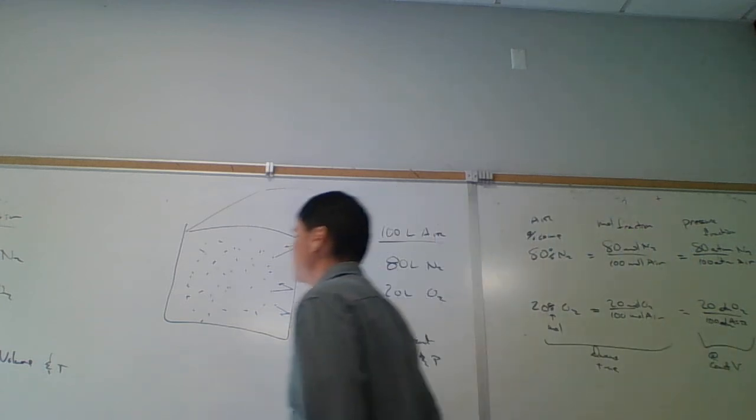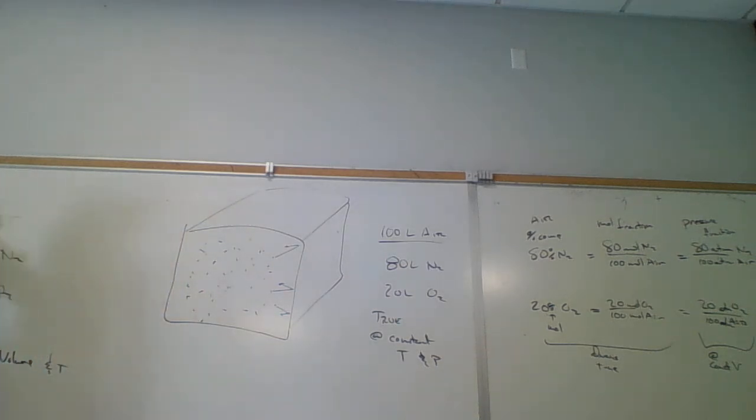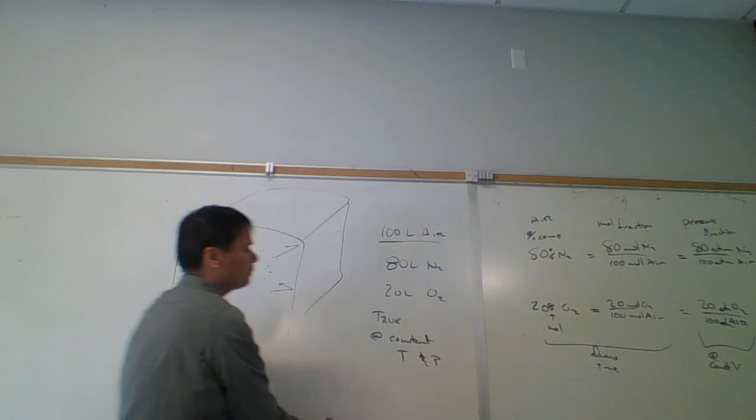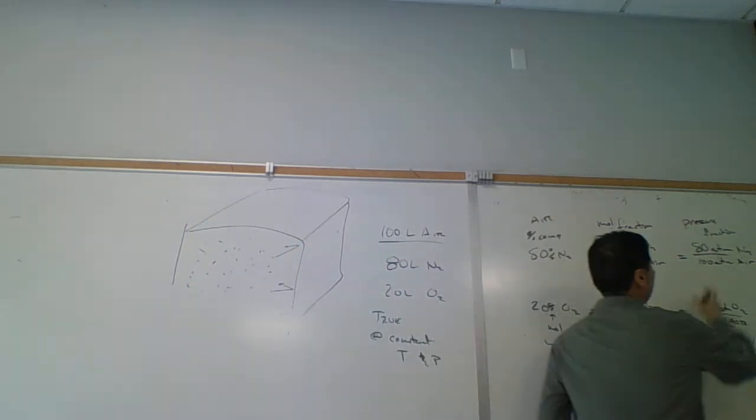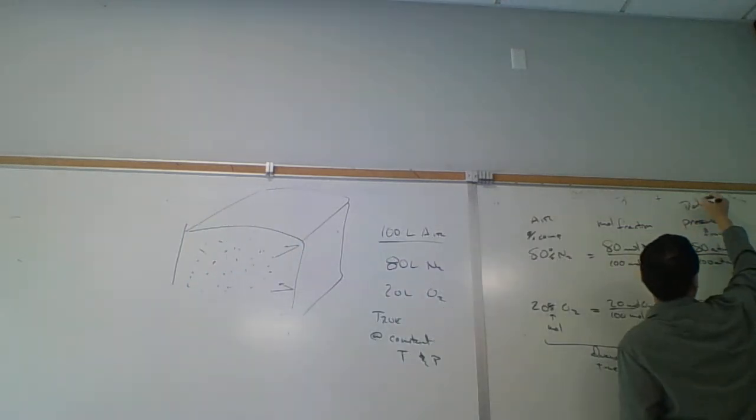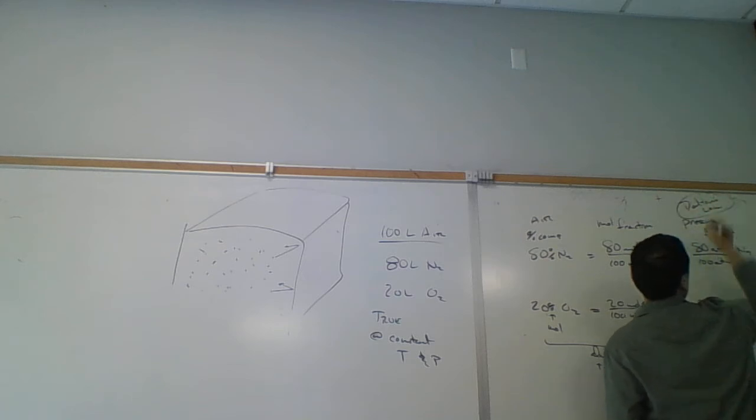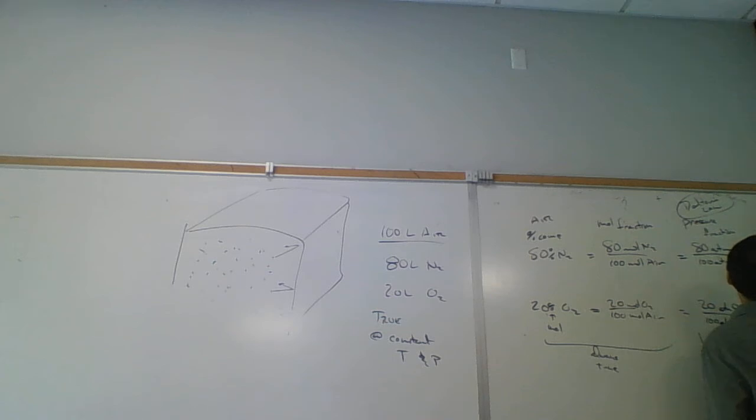It has to be one or the other. This is typically the way we visualize air. When we visualize it as a pressure fraction, this is called Dalton's law. When we visualize it in terms of a mole fraction, this is called Avogadro's law.